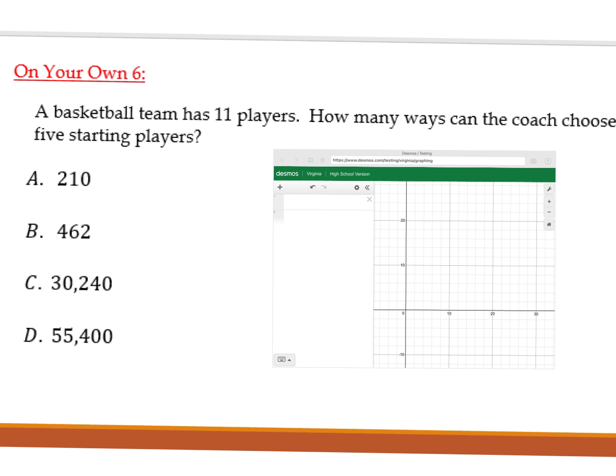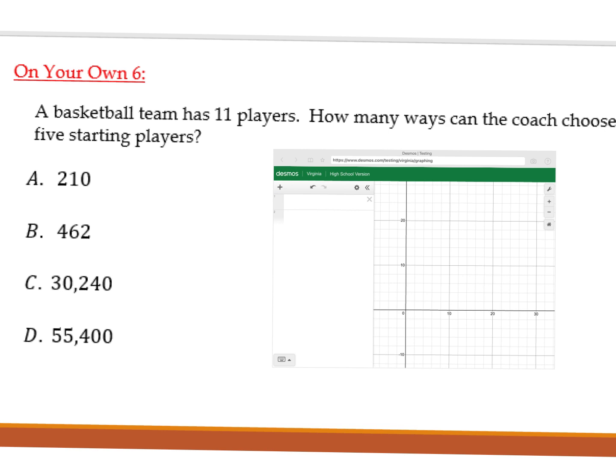All right, on the last problem, we have a basketball team that has 11 players. How many ways can the coach choose 5 starting players? Because this problem does not say that it's for a specific role on the basketball team, like forward or guard or center, order does not make any difference.